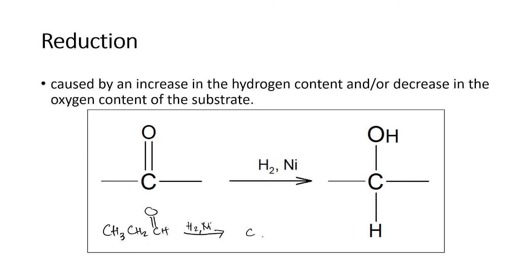So by propanol, or 1-propanol, we will have there CH3, CH2, CH2, and we will have here our OH. So that is all for the types of reaction mechanisms of our organic compounds.